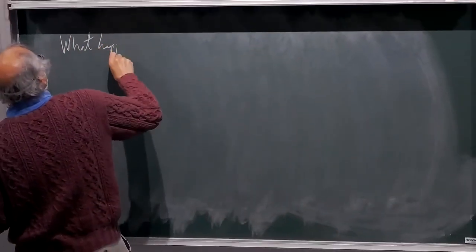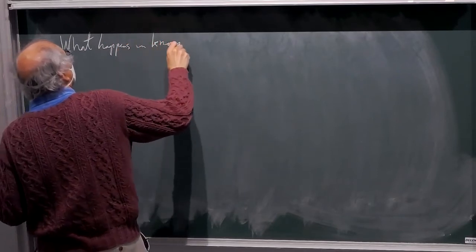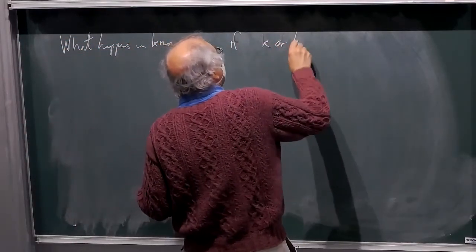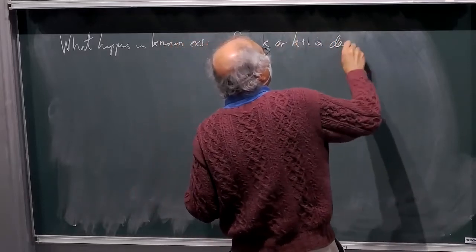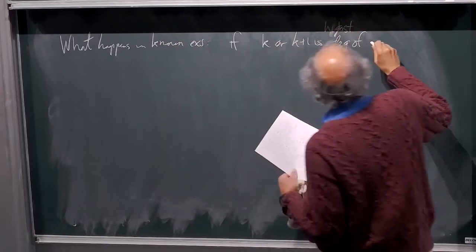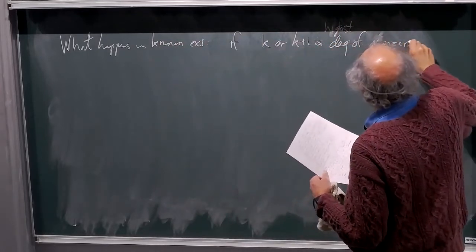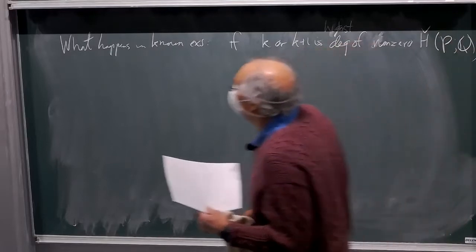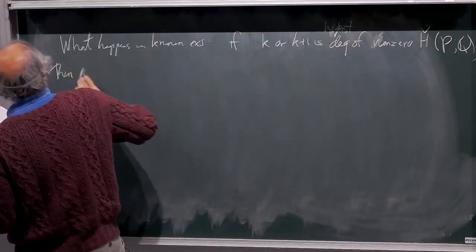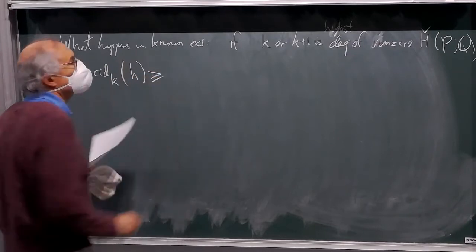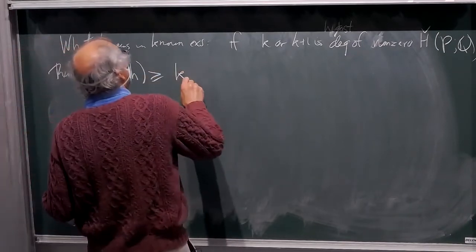So what happens in known examples is if K or K plus 1 is the largest, the highest degree of non-zero rational cohomology of P, then the MCID K of H is bigger than or equal to K times rho.